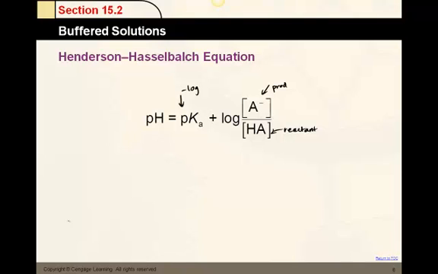So how to do that? We're going to plug into the formula. The pH equals the negative log of the Ka, which is 1.8 times 10 to the negative 5. And to that you're going to add log of the concentration of the products, in this case 0.85, you'll remember, over the other, which is 0.45.